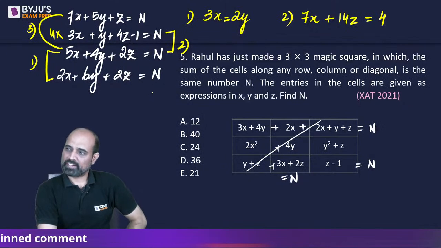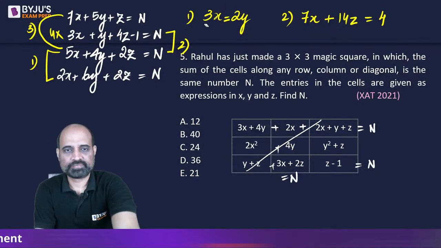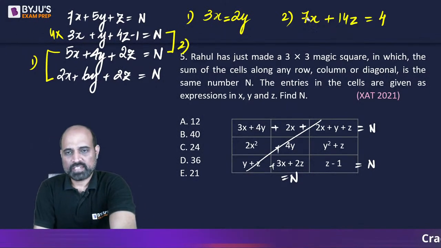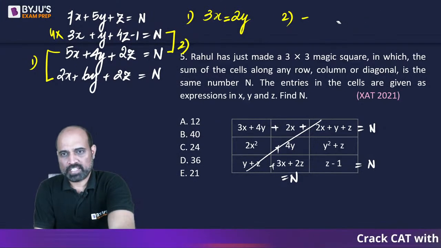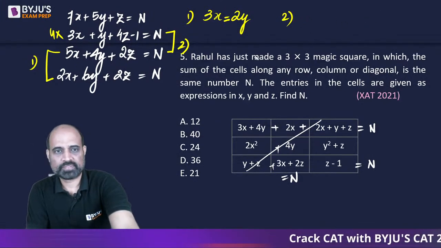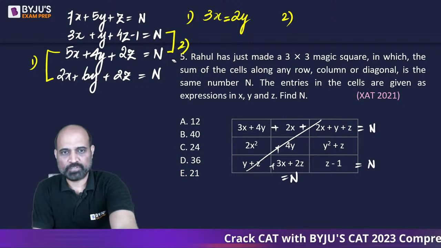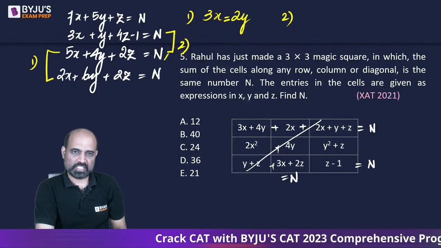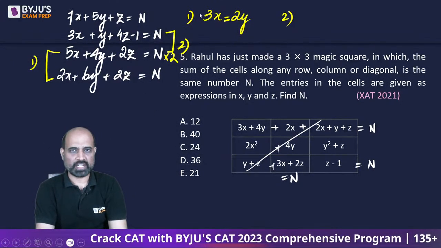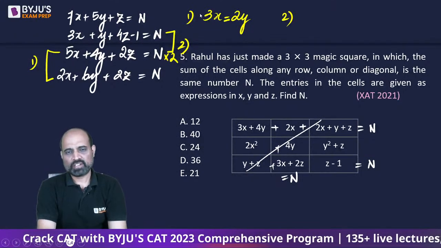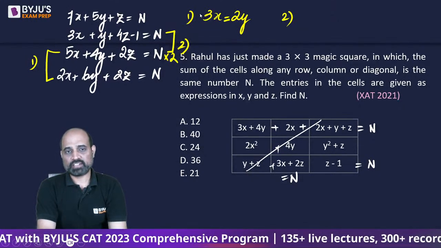Why make it unnecessarily lengthy? In this one itself, let's eliminate z only. In order to eliminate z, all we need to do is multiply the second equation by 2 and subtract. So z eliminate हो जाएगा. But n will stay.